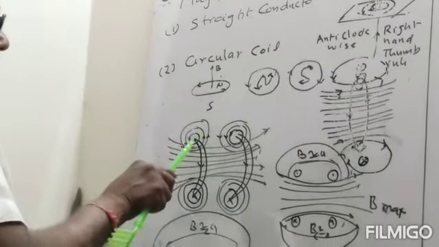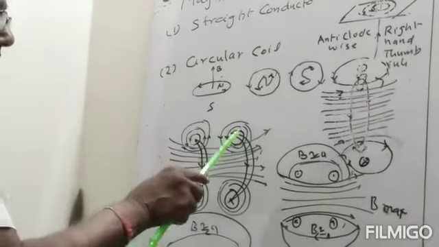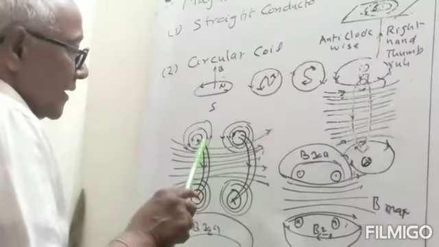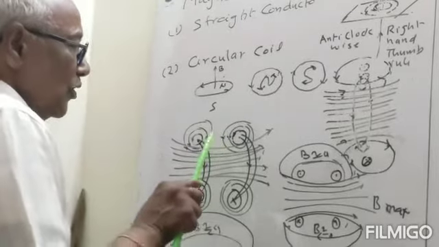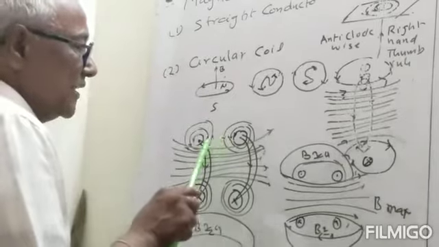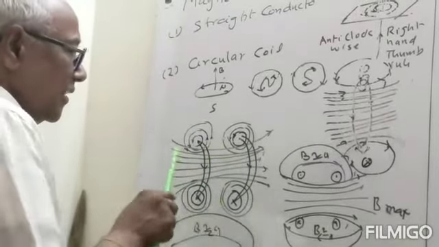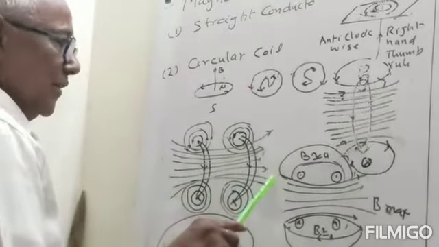The second coil is here, it is also outward, anti-clockwise. In between them, the fields are in opposite directions, so they will cancel. The magnetic lines of force nearby will cancel each other, whereas in the center the magnetic lines will support each other and all be in the same direction.